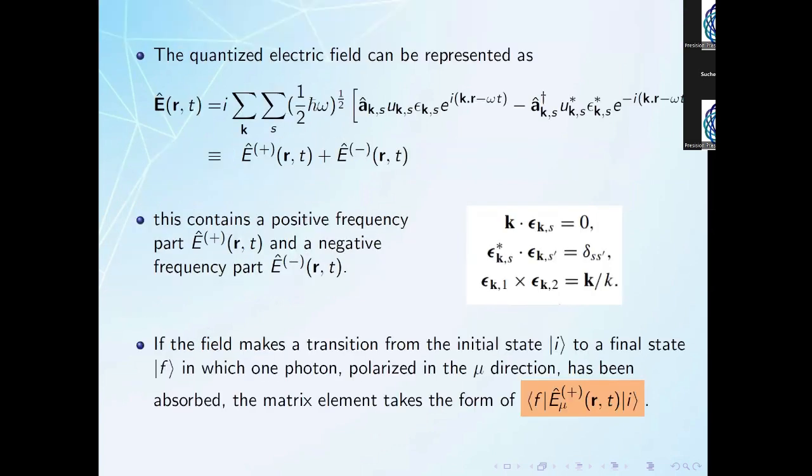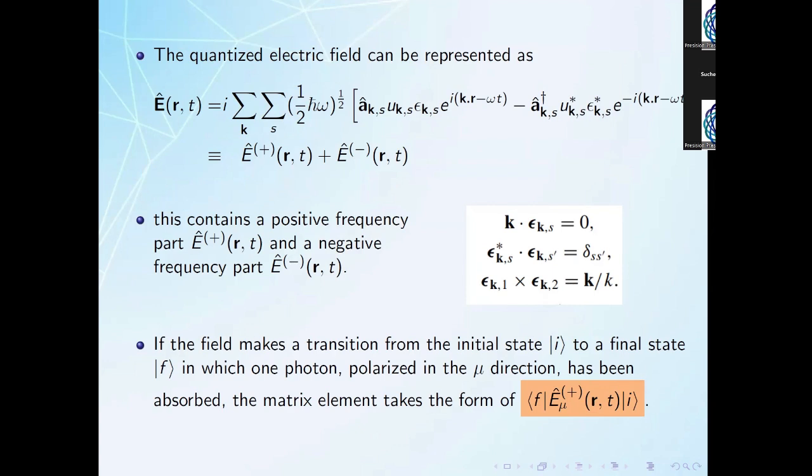Since we are searching for the quantum mechanical analysis, we should quantize the electric field. Basically, it is an algebraic thing, and quantization and quantum field theory. So the final result, the quantized electric field, can be represented in this form.